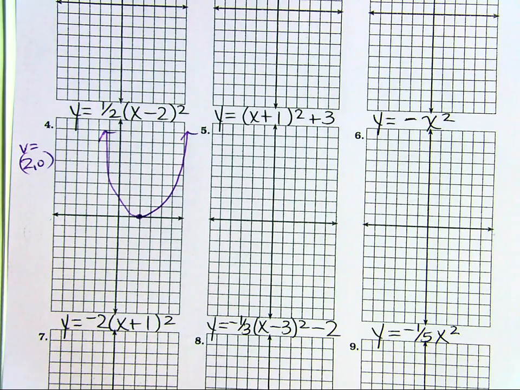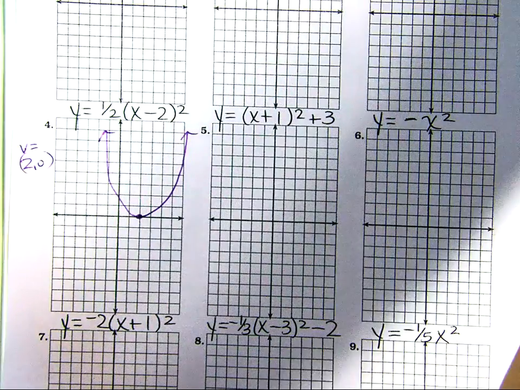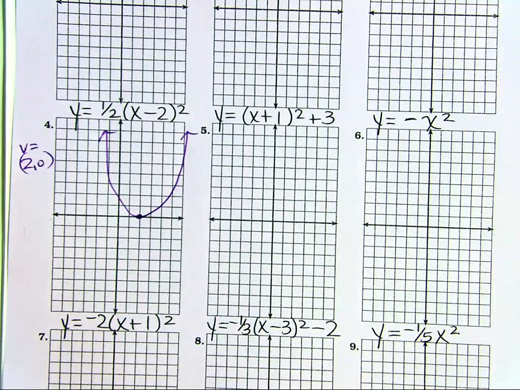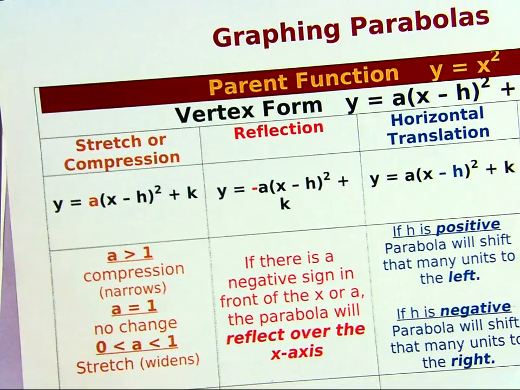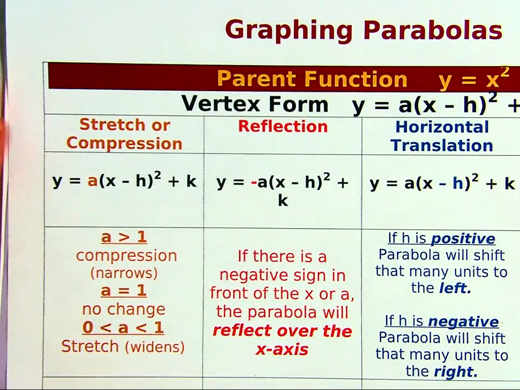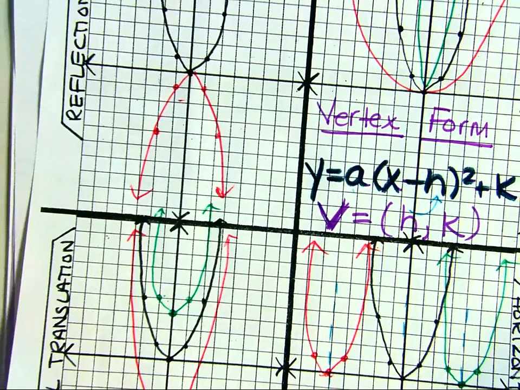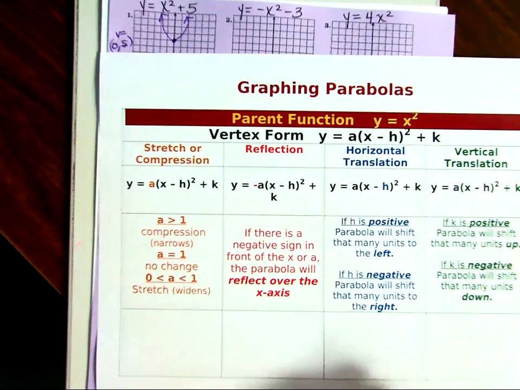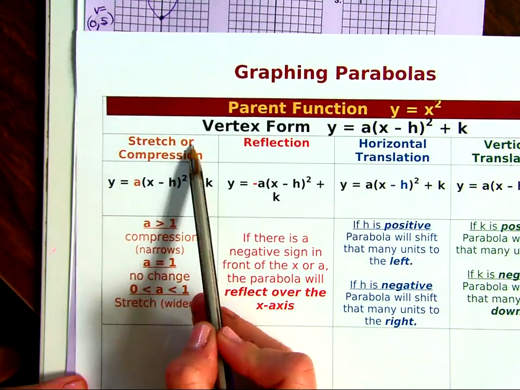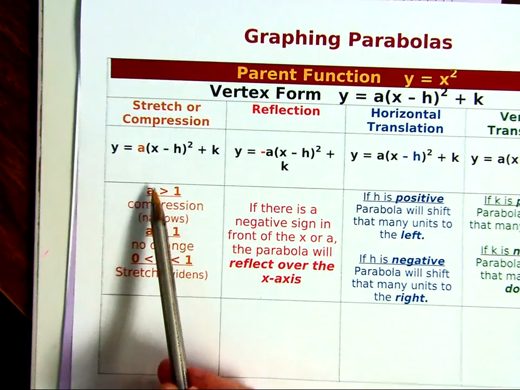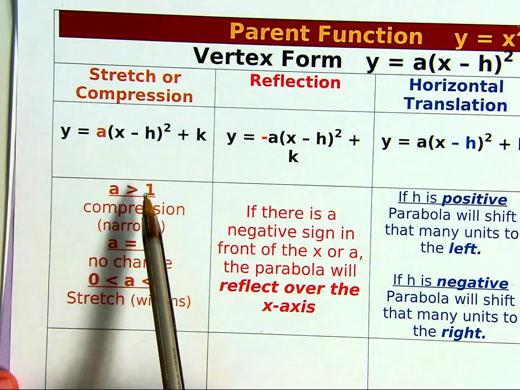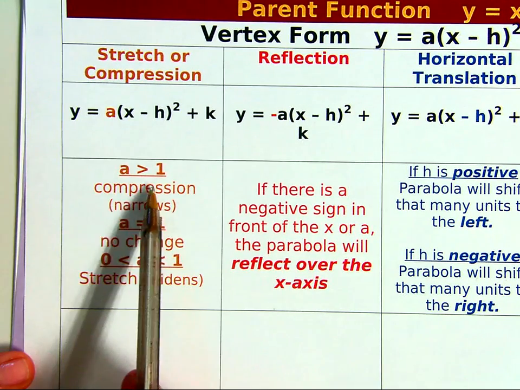On the green sheet, how do you know if it's compressed or...? Because, I'm going to give you guys a copy of this too. This is really fantastic. This is a verbal, like with words, version of the picture that you have for this thing. So, for example, let's look here. Stretch or compression is controlled by the A. If the value of A is greater than 1, then it's getting bigger, but it narrows.